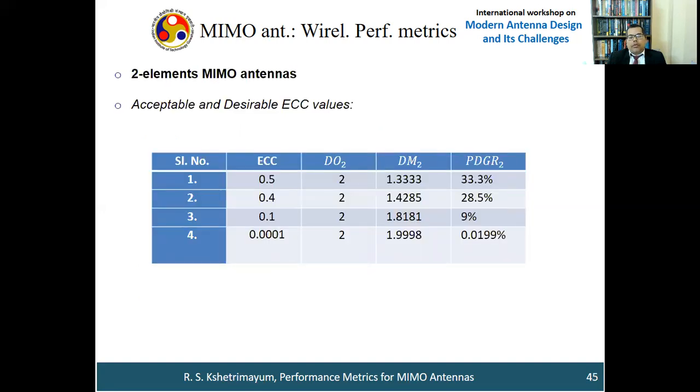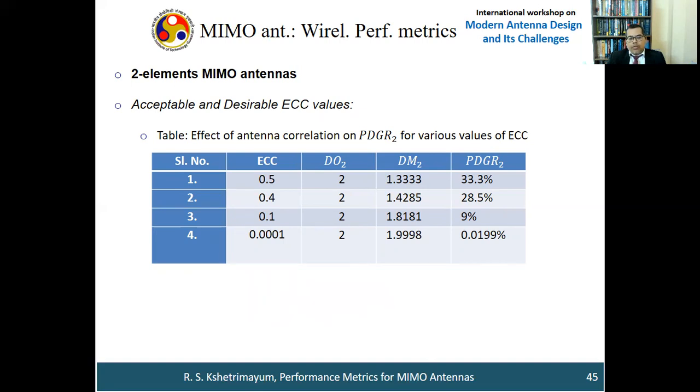Let us do it for a 2-element MIMO antenna for the acceptable and desirable ECC values. In the literature, the acceptable value of ECC is 0.5. When we find the percentage diversity gain reduction for this ECC, it is around 33.3%, which is quite high. So it is no longer an acceptable value for ECC. You should minimize it.